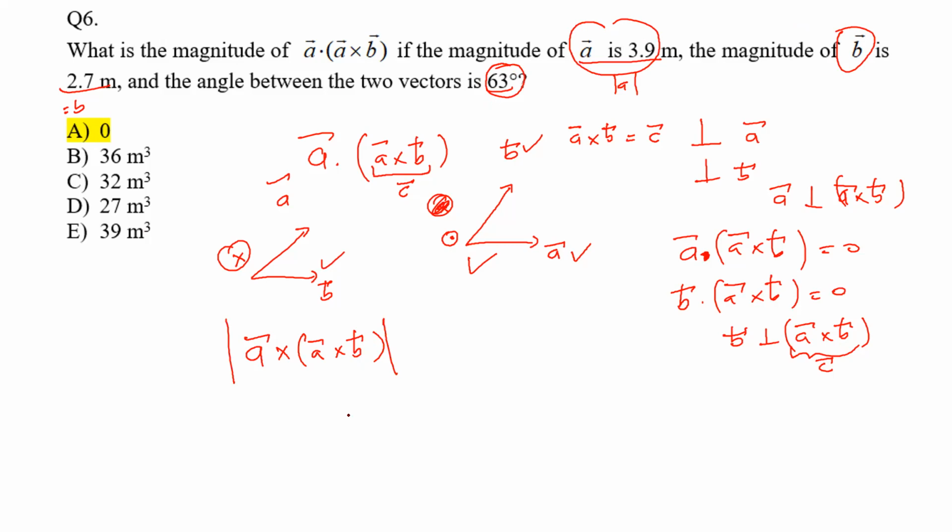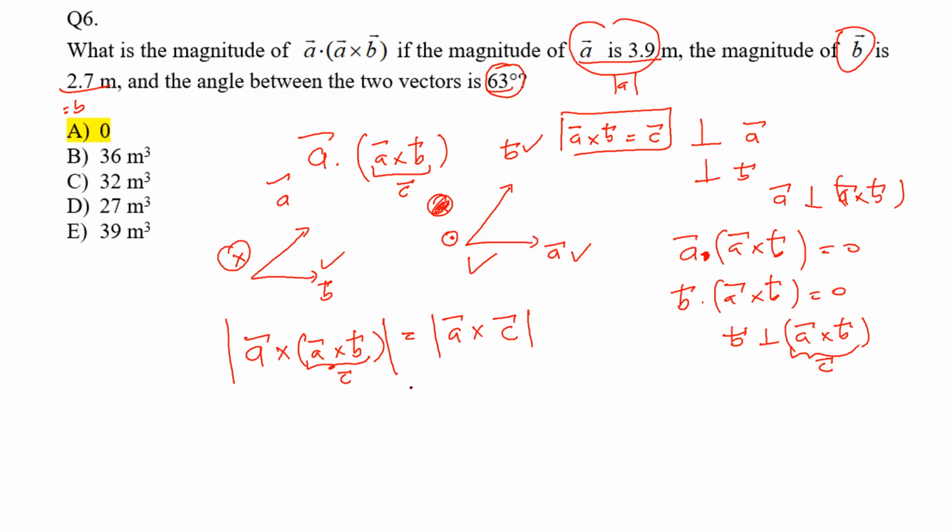Always, when you have a problem, ask yourself, what if, what if, what if? So what if the question was, what is the magnitude of A cross B? First thing first, I will say that A cross B is equal to C. So what I'm asking you here is what is the magnitude of A cross C?